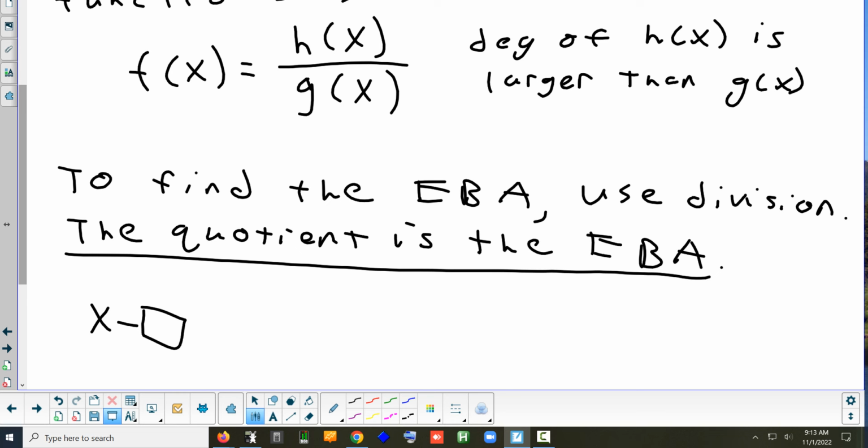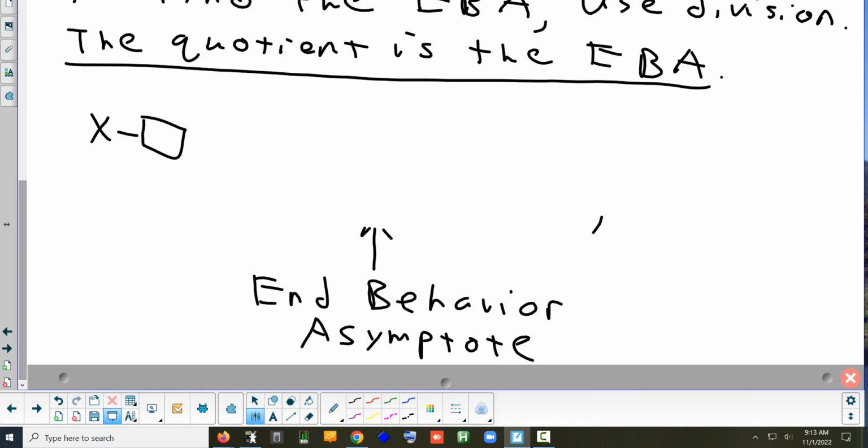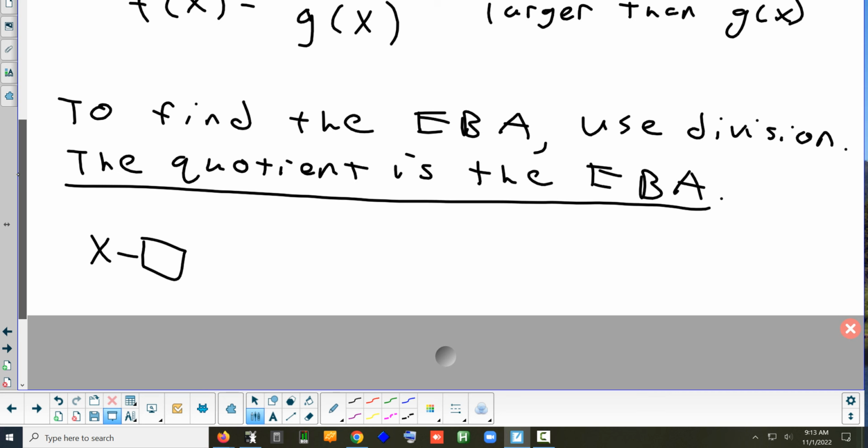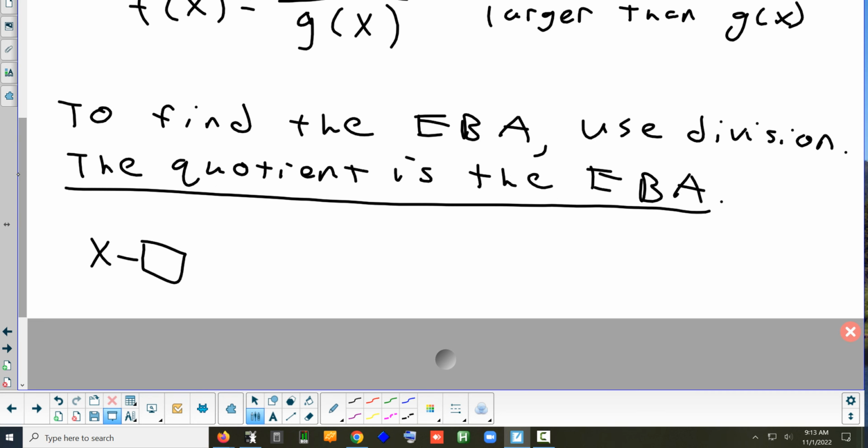If the denominator is more complicated than that, like x squared plus 6, well, then you've got to go back to long division. Okay, so use synthetic division if you can, because that's easier. Okay, so the quotient is the EBA. And again, that stands for end behavior asymptote. That's the abbreviation I'm going to use.